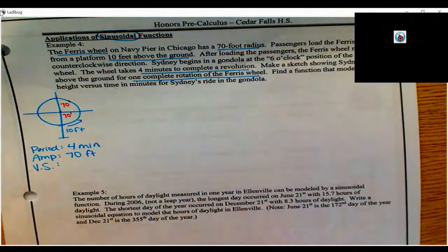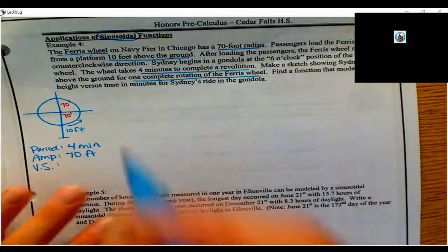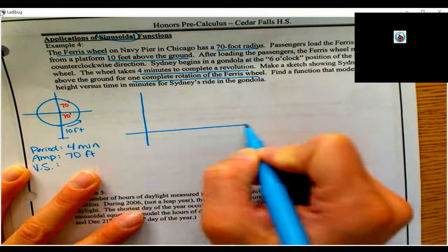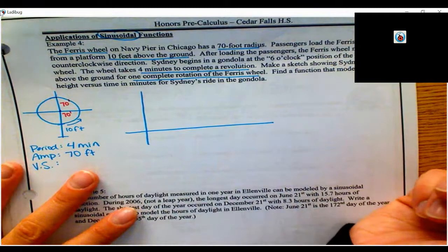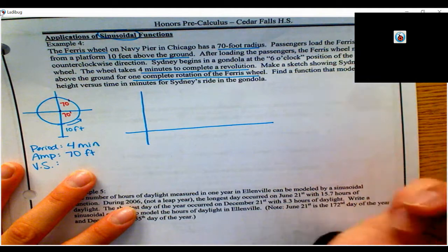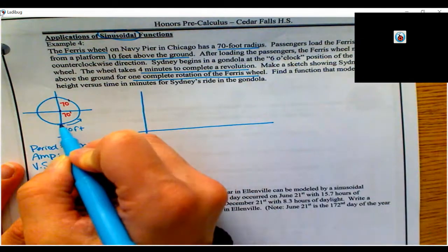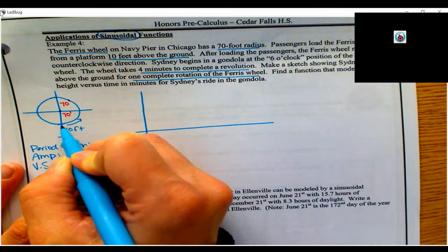So I'm going to pause there and just try to model this a little bit before we get into all this, because sometimes it's easier to try and picture this way rather than somewhere else. Okay, so at 0 minutes, how high above the ground are you? You're 10 feet above the ground, right? Because when you're at 0 minutes, you're getting on the Ferris wheel. Are we all good with that?